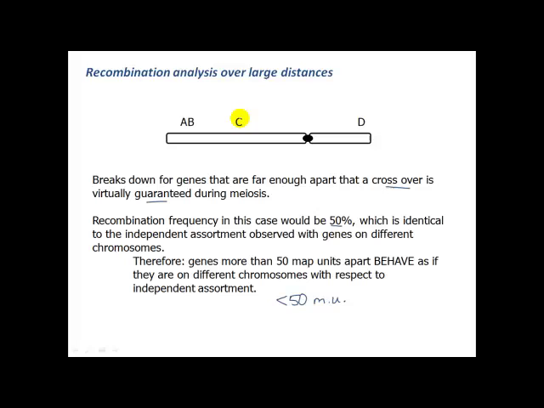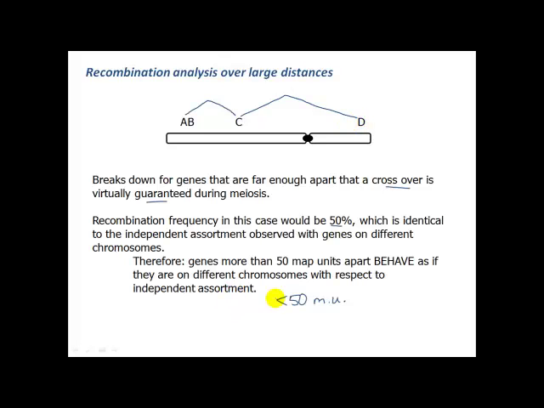Let's say that these two genes, A and D, are separated by more than 50 map units. So they're assorting as if they're independent. But they're each separated from gene C by less than 50 map units. You could map A versus C and C versus D, and in that way build a genetic map between A and D. All right?